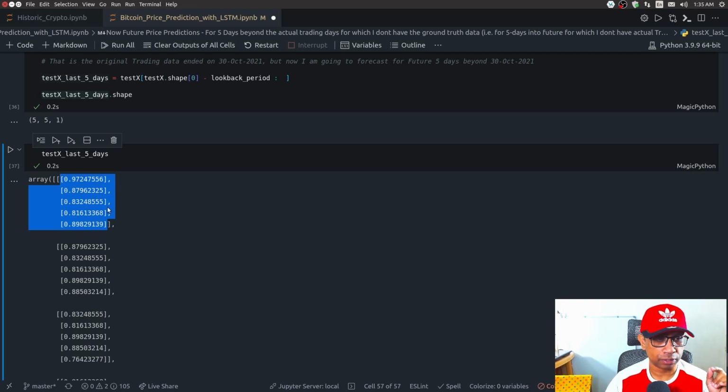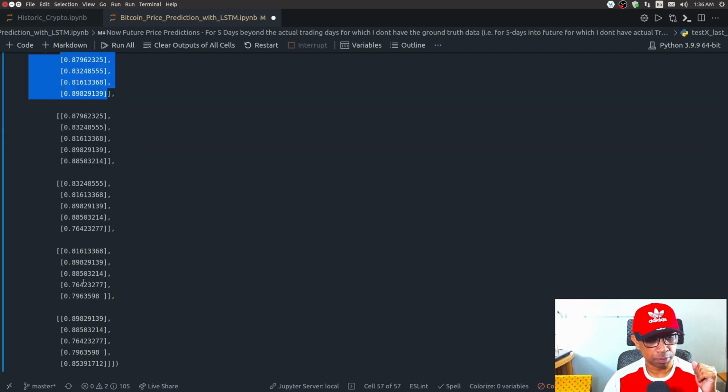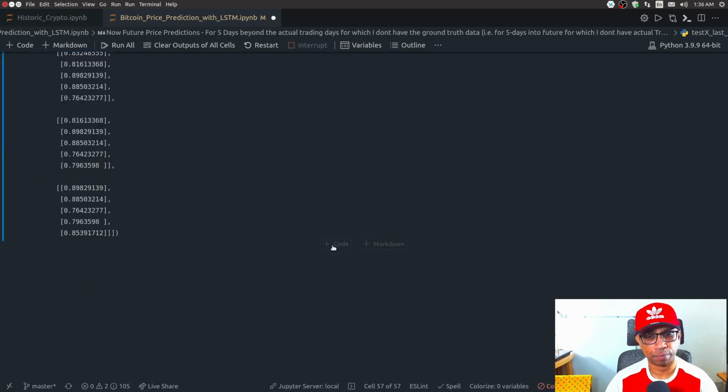So this is a sliding window, and in each window I will have 5 price points, and based on these 5 price points, the next one will be predicted, which is the job of the LSTM model. And similarly, it will run 5 loops.